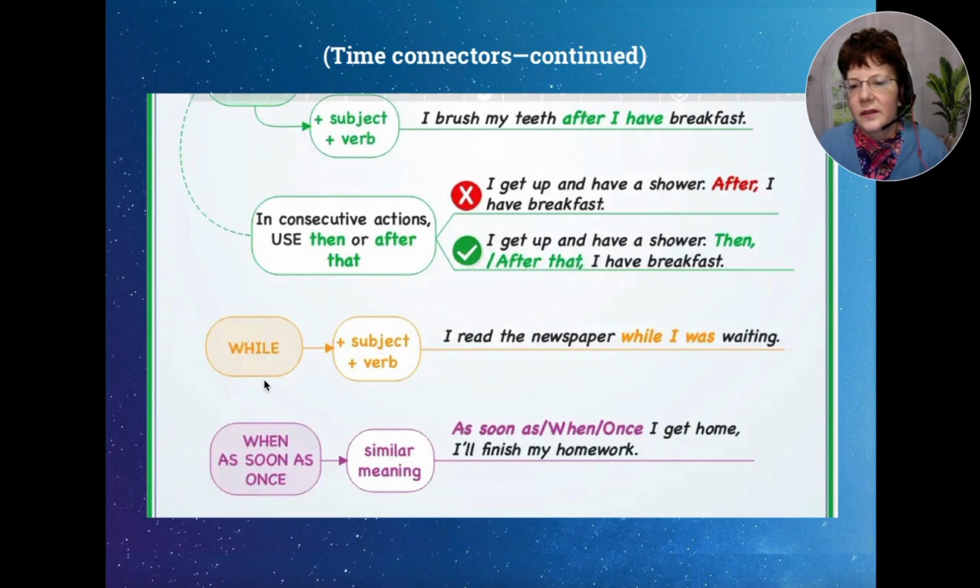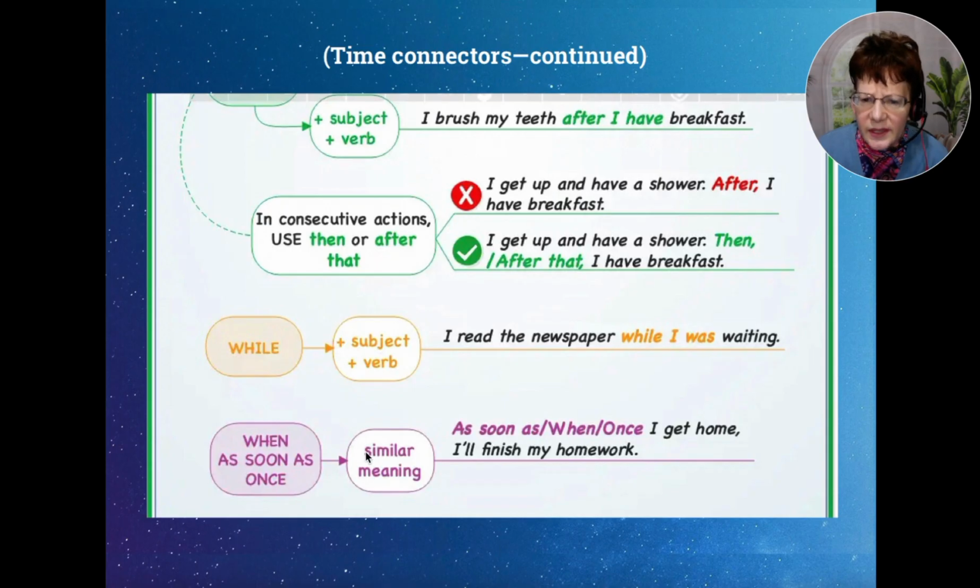Okay. Then about while, we use while plus a subject and verb. So we have I read the newspaper while I was waiting. So subject and verb here, continuous form. All right, then there's when, as soon as, or once.